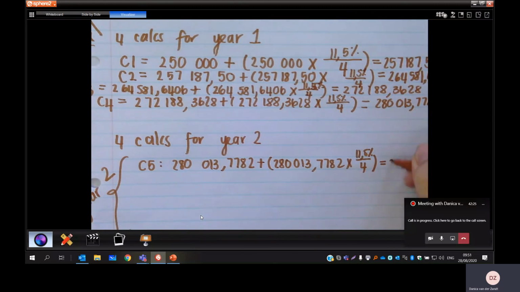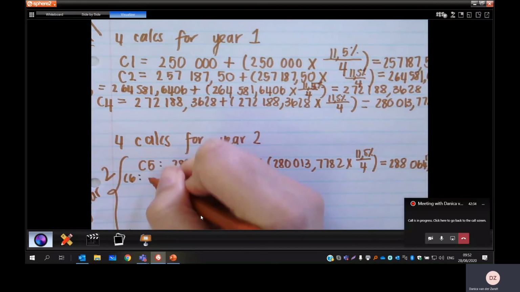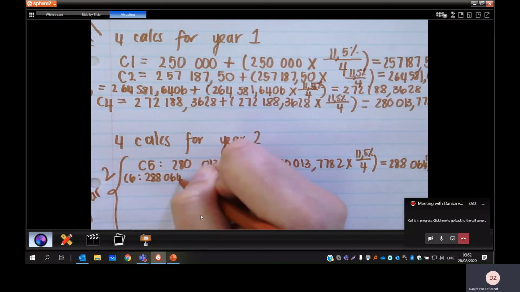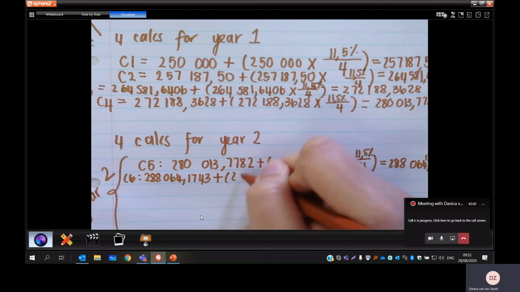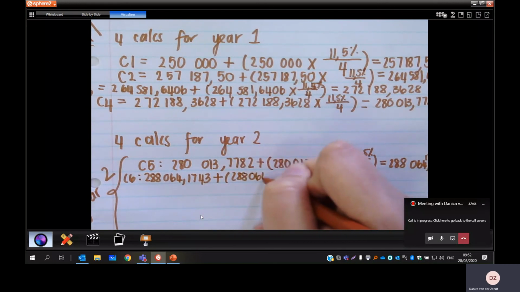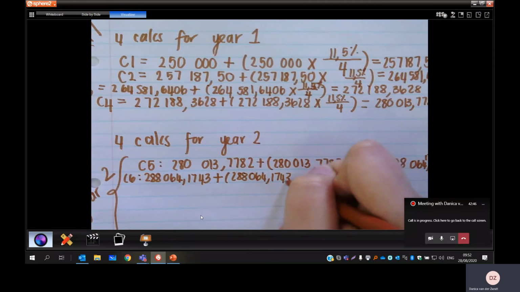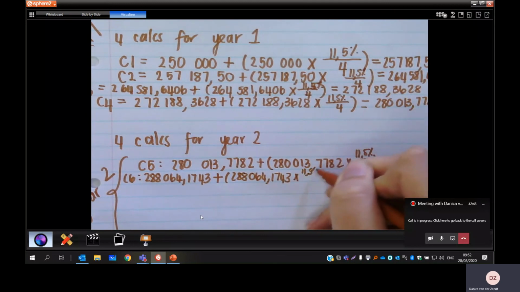My answer there is 288,064.1743. I'm running out of space. Compound 6 starts with 288,064.1743 plus 288,064.1743 times the 11.5% over 4.